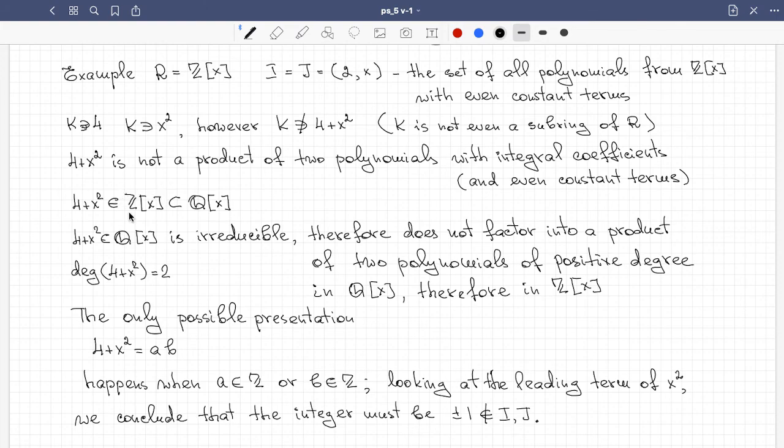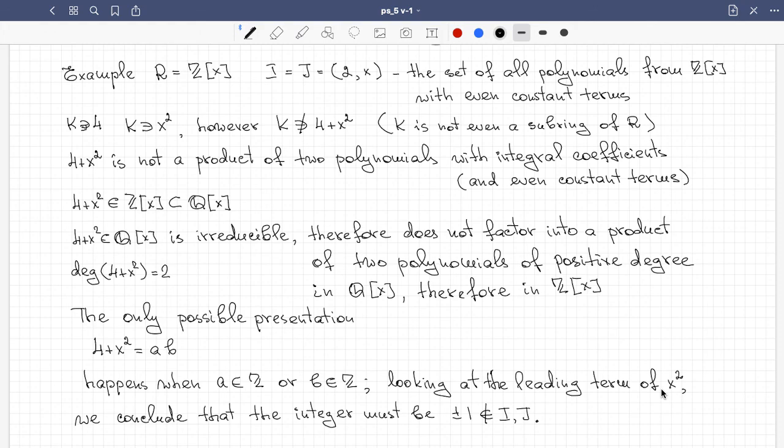So here the units are only plus or minus 1. That kind of argument instead of the consideration of leading term, which I suggested, is also possible in this exercise.